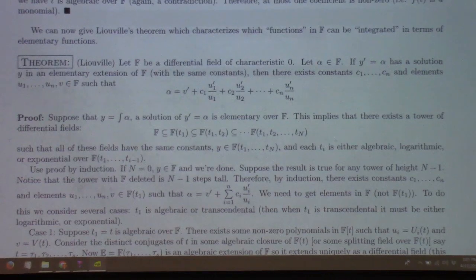What is that saying? It's saying you can build alpha from a linear combination of these things. These things are what? Things in the elementary extension, right?